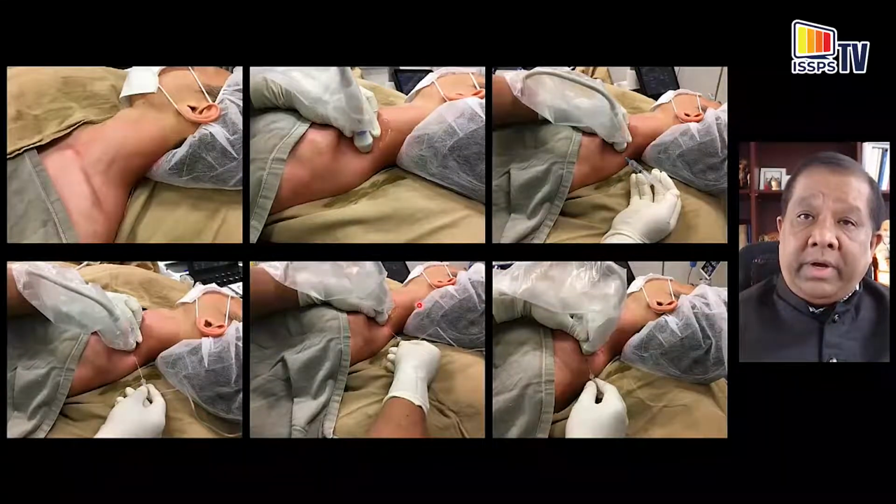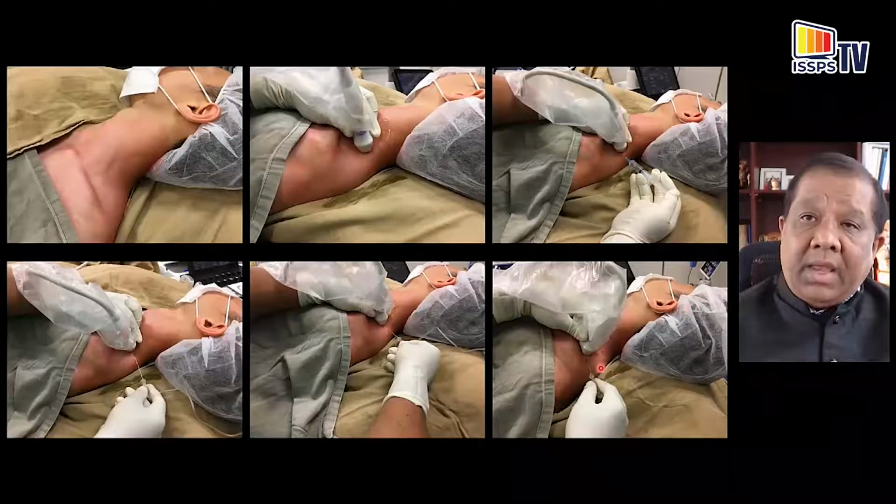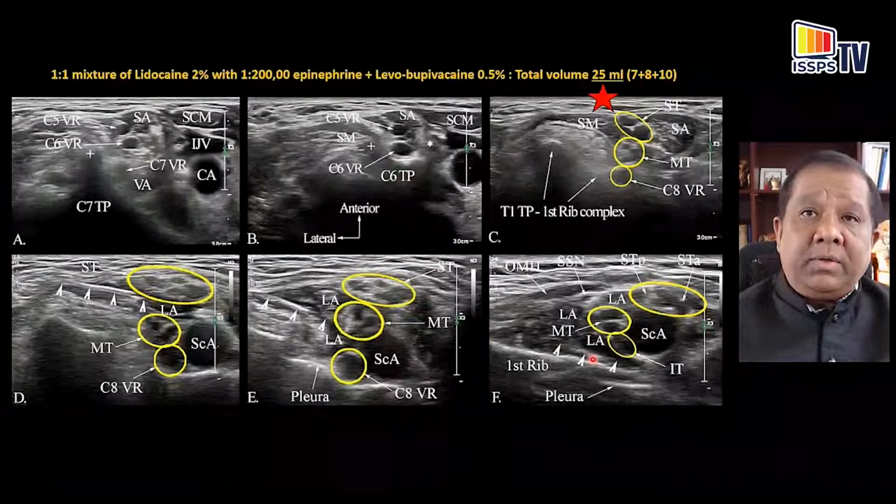The needle is redirected after the superior injection to inject the middle trunk, which is just caudad to the superior trunk, with 7 and 8 mL of local anesthetic, which is currently a combination of lidocaine and levobupivacaine with epinephrine. And then a second injection is performed at the supraclavicular fossa at the corner pocket of the subclavian artery and the first rib.